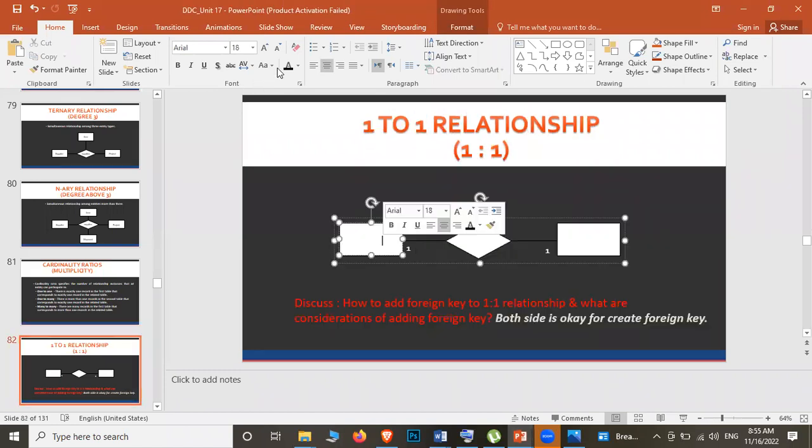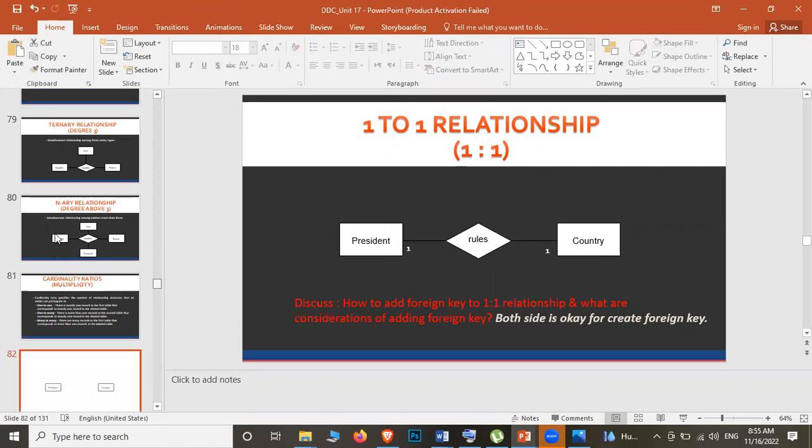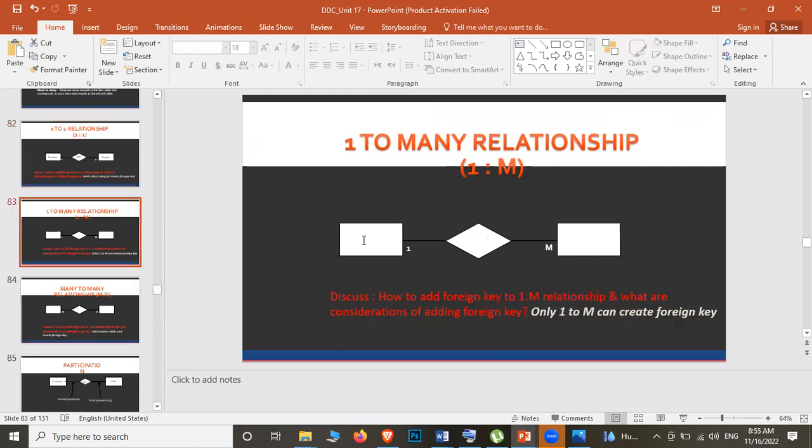Here, one to one relation. President, the same rules, one country. Okay. මේ වගේ තමයි අපි one to one relation එක ලියාගන්නේ. And then we have one to many.